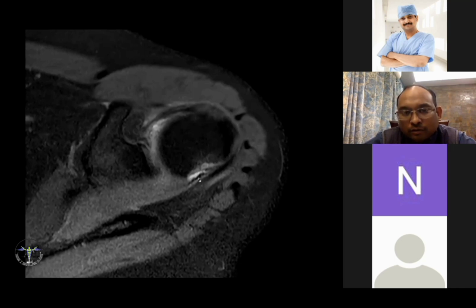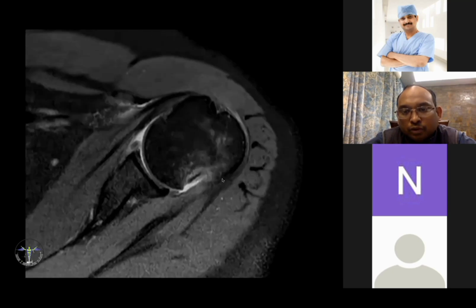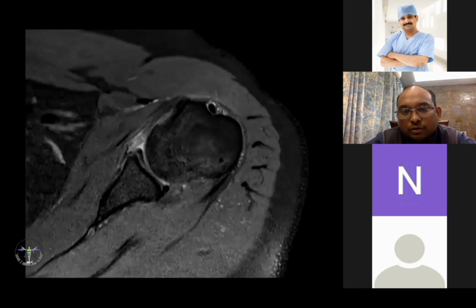Why we talk of the coracoid as a bony landmark is because there is a normal anatomical shape of the posterior humeral head, which is a little inferior, and generally it is concave. So like this one. So there is a confusion if the bony defect is too large and it is reaching to this place.